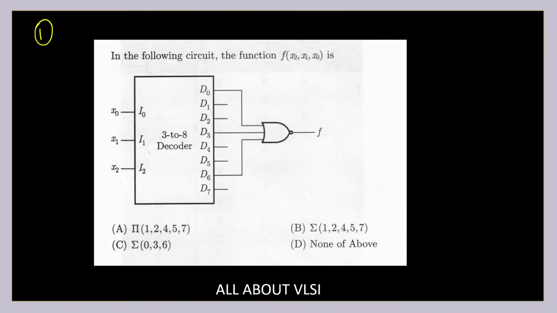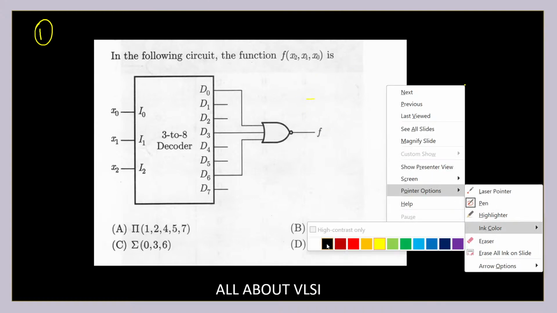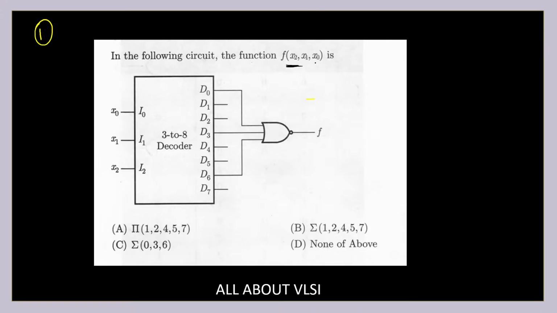Please look into this carefully. They have clearly mentioned x2 as the MSB and x0 as the LSB. So please act carefully. Don't consider the other input as MSB and do the problem. x2 is your MSB, so give the answer accordingly, and x0 is your LSB.